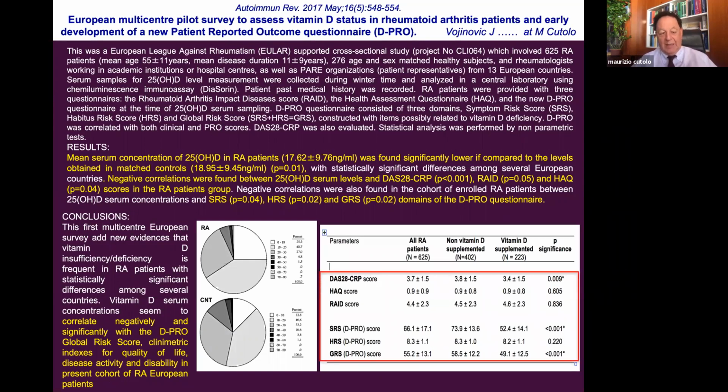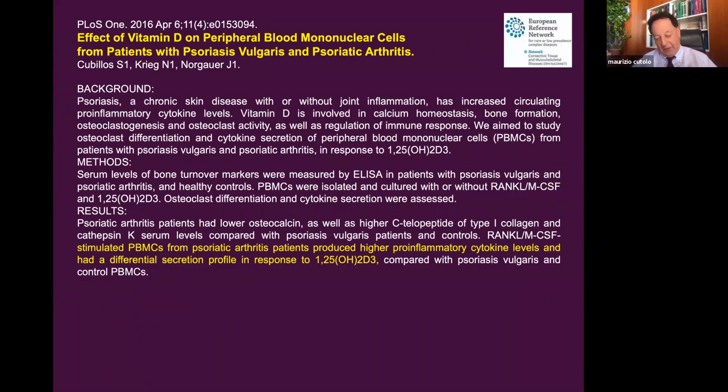So vitamin D is even connected with the symptoms and severity of the disease.